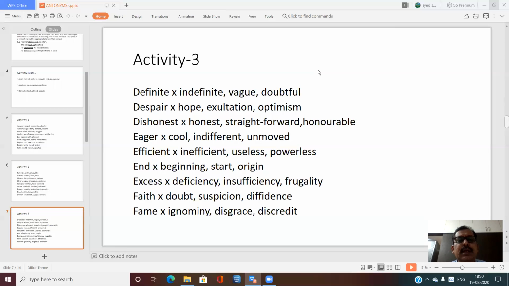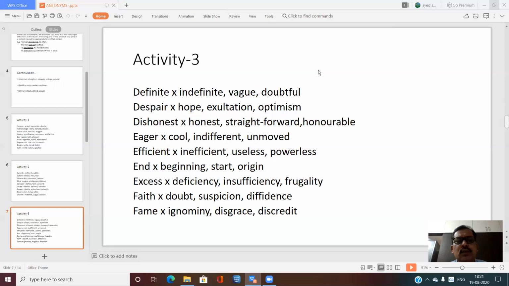Next, despair. Opposite words: hope, exultation, optimism. Optimism, opposite word: pessimism. Exultation is a kind of ecstasy, the highest degree of happiness we experience when we win or achieve something great or glorious.